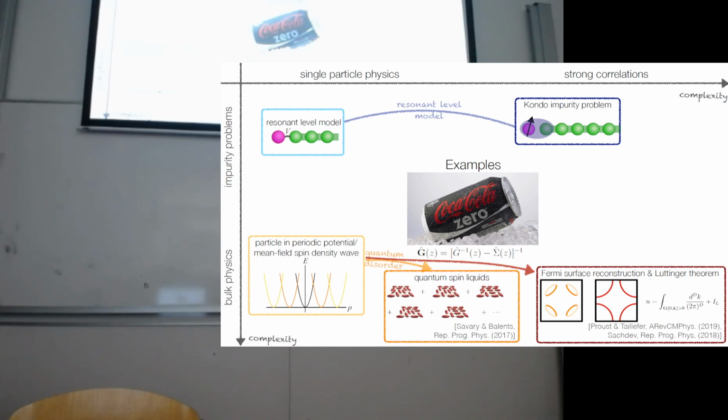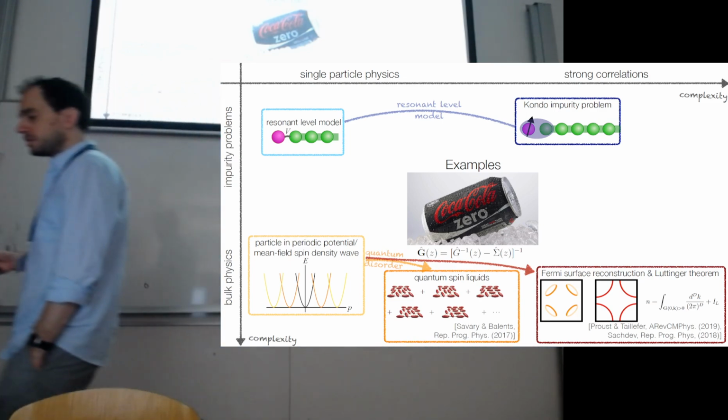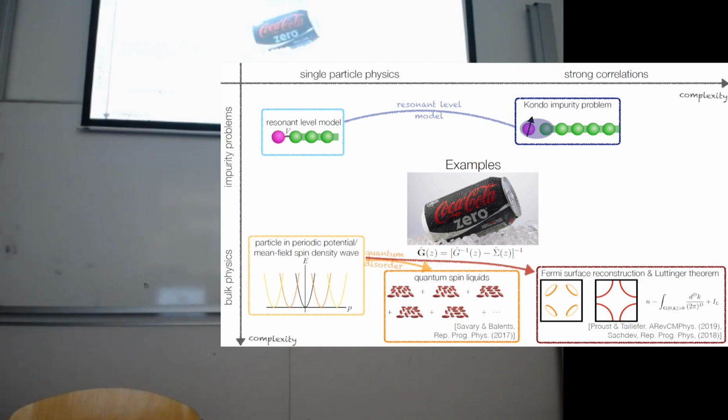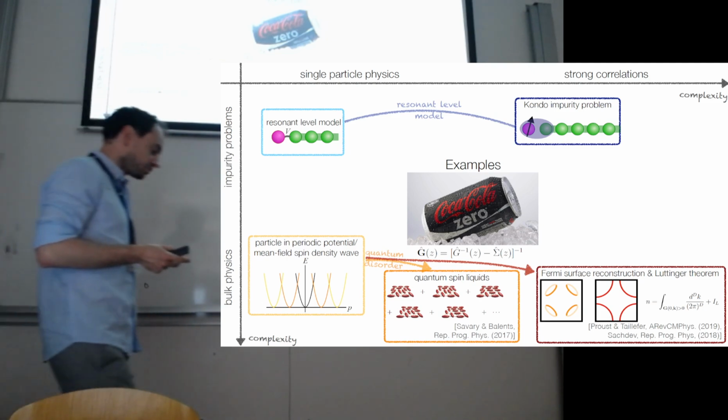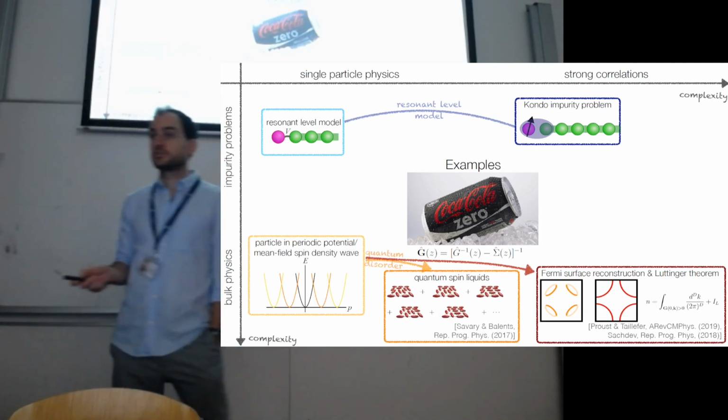This model is, of course, a fruit fly model for many-body physics. We've discussed it over many years. We know how to solve it in various ways. And one way of solving it is actually using field theory and then mapping it back onto the resonant level model. So you can actually map this model to this model here using a non-local transformation. So the basis change is really non-trivial to do.